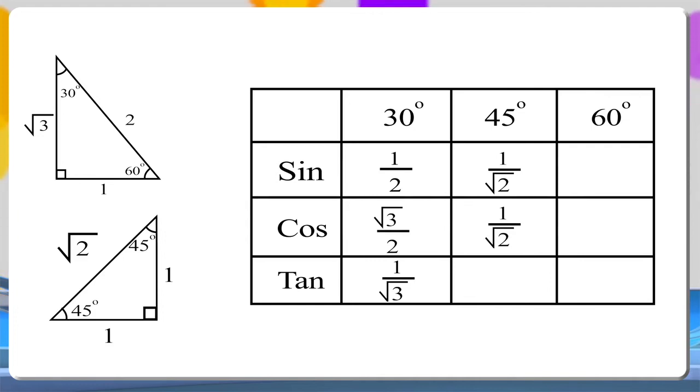And for tan 45, opposite side by adjacent side. So, tan 45 is 1. In the case of the 60-degree angle, sin 60 is √3 by 2 and cos 60 is 1 by 2 and tan 60 is √3. You have to memorize these values to make your problems easier.